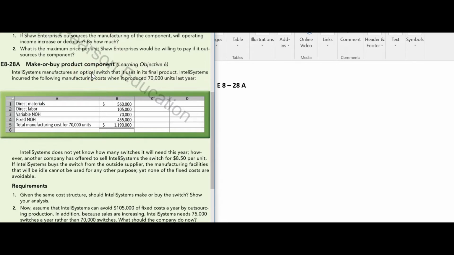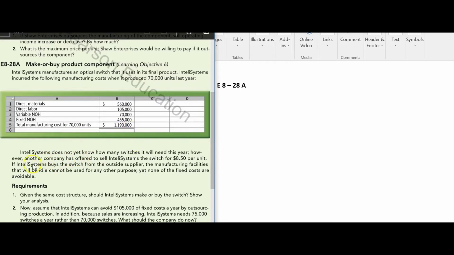It's kind of a direct material or an input for the final product. And last year they produced 70,000 units, and these are the cost items: direct material, direct labor, variable overhead, fixed overhead. So their total manufacturing costs for 70,000 units was how much?